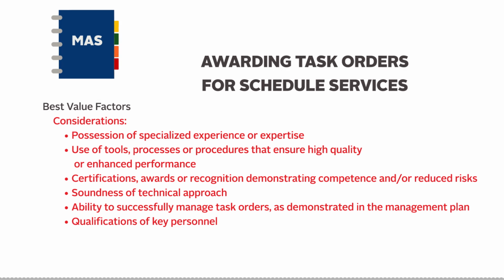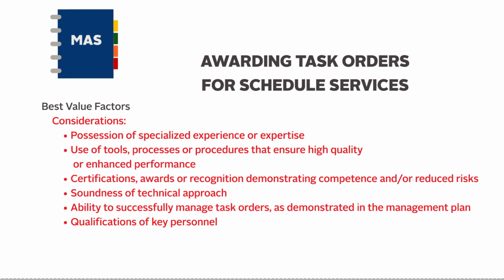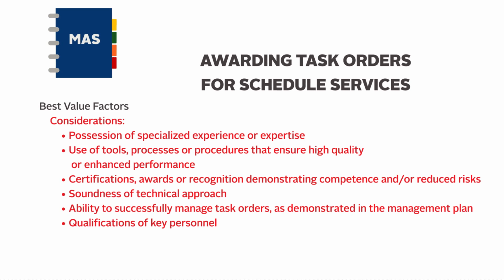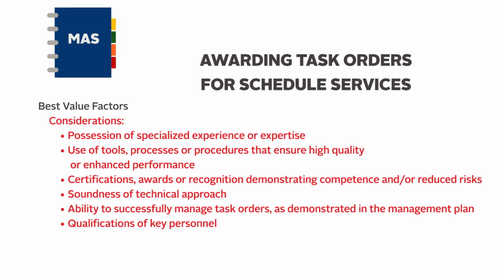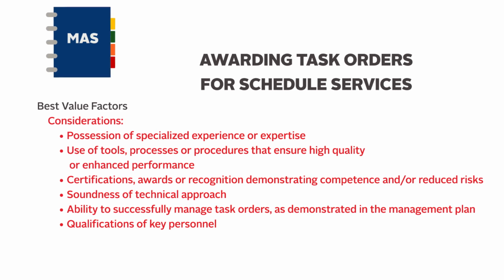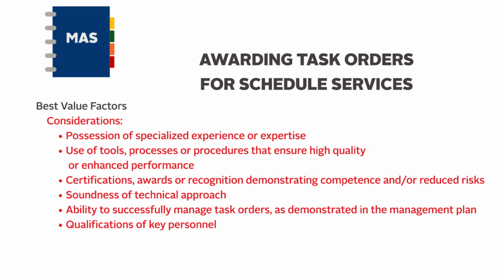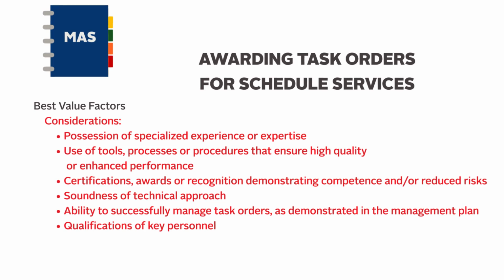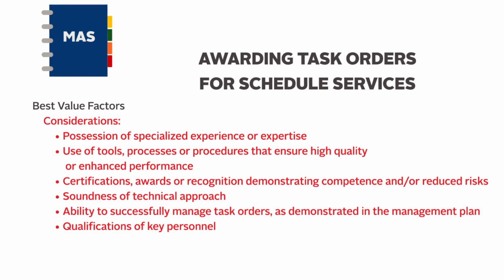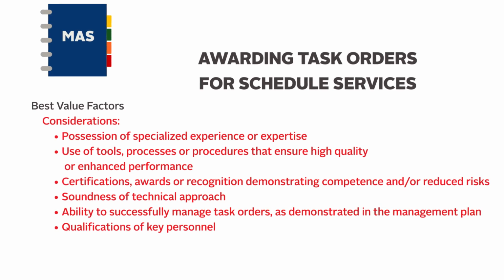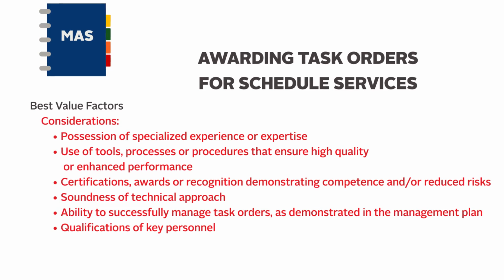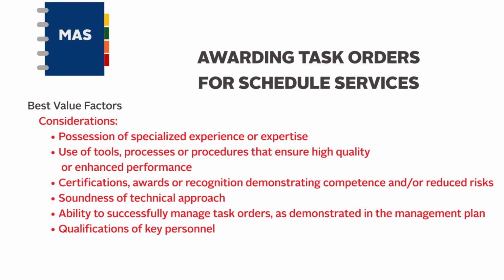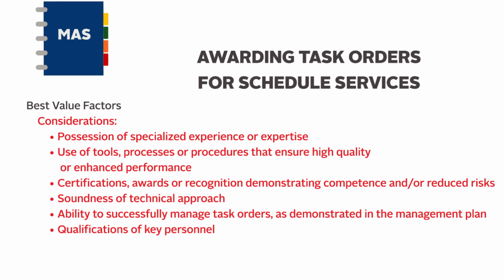When awarding orders for services, ordering activities may want to consider the possession of specialized experience or expertise, the use of tools, processes, or procedures that ensure high quality or enhanced performance, certifications, awards, or recognition demonstrating competence and/or reduced risks, soundness of technical approach, the ability to successfully manage task orders, as demonstrated in the management plan, and the qualifications of key personnel.